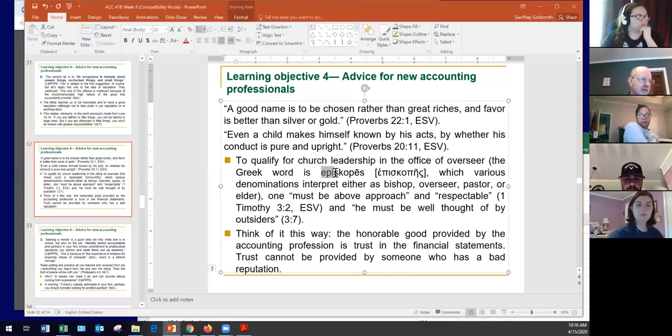So epi means over, and skopes, that's where we get telescope, or to scope out someone. So it means look. So it literally means overseer or overlooker. Various denominations interpret this word either as bishop, overseer, pastor, or elder.